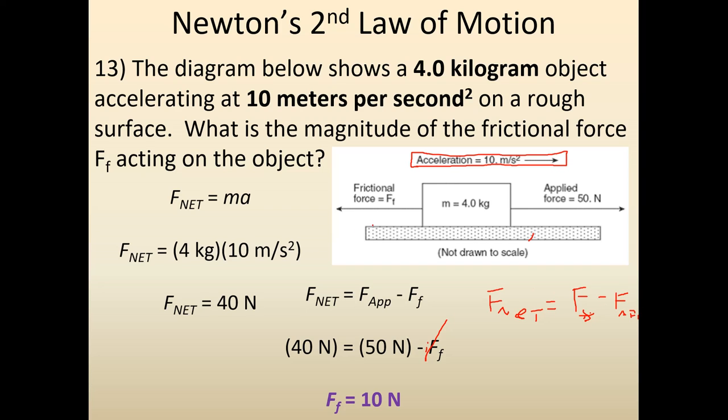If we didn't know which one was going to be positive or negative, we actually could have also left it as positive and got the negative later on.